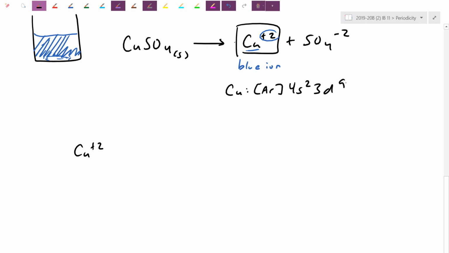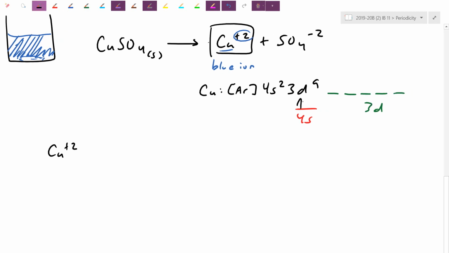It would have been a 3d9. If you remember back in chapter 2, this was one of our exceptions. Well, we have a 4s. We just emphasized 4s and 3d are really close in energy, so it's not that hard to promote an electron up. We see that copper is just one short of having a full shell.